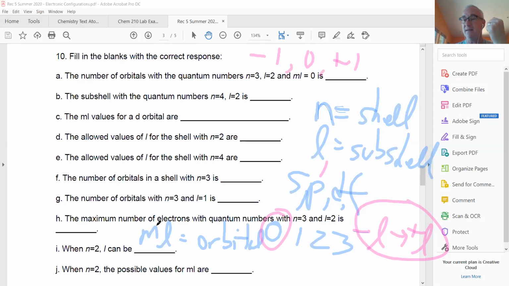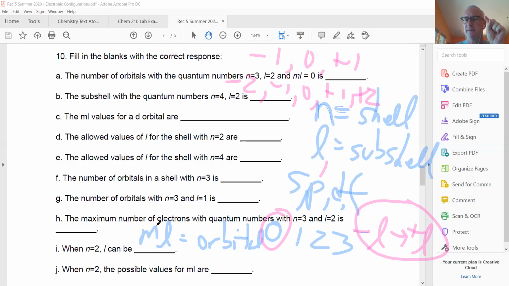And if it's d, which is 2, it goes from minus 2 to plus 2. That's the easiest way for me. I can't even remember the names of all the different numbers, but I do remember shell, subshell, orbital, and then the last one is just spin.